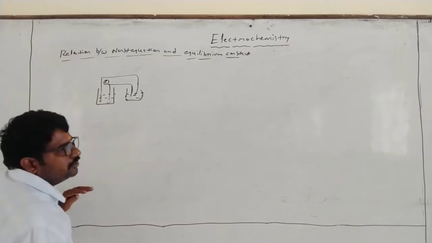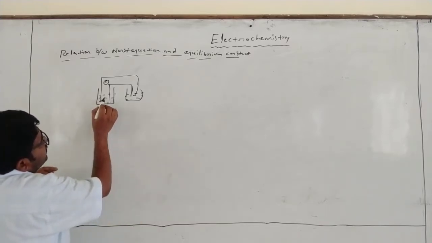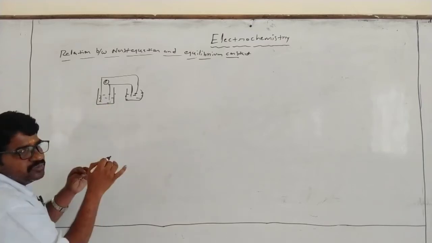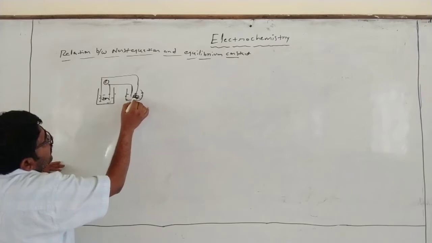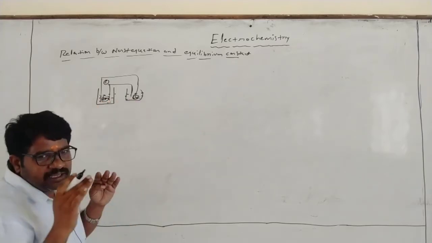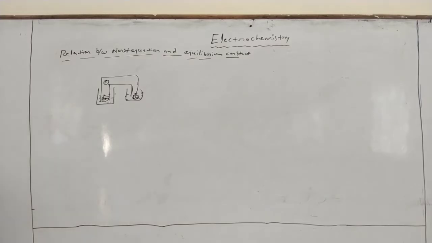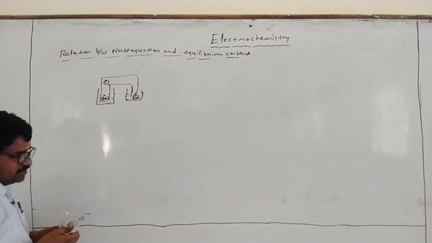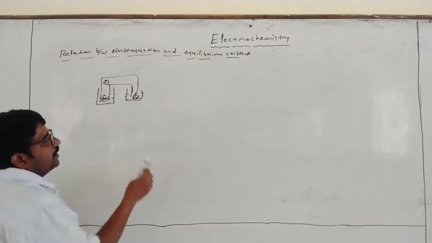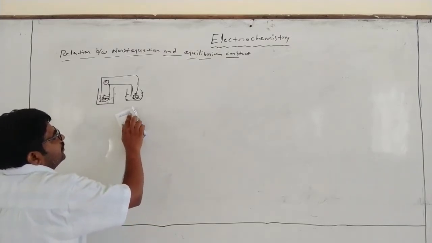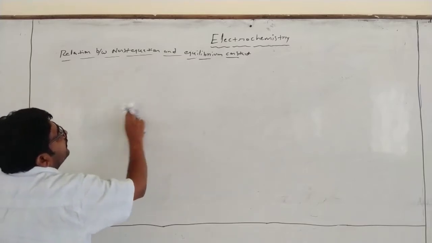So at some point, the concentrations of the zinc ions and the copper ions exist at equilibrium. That is taken as a case.